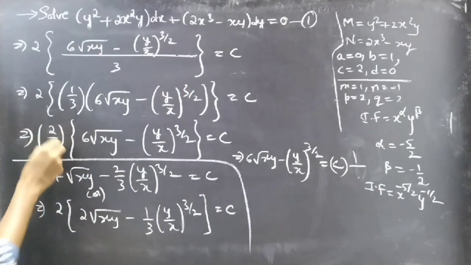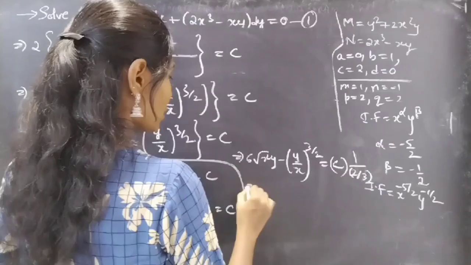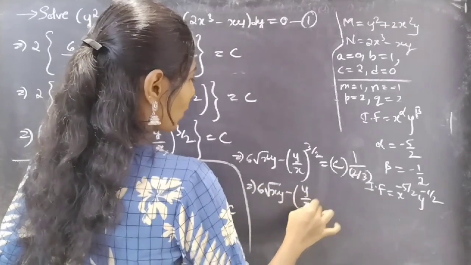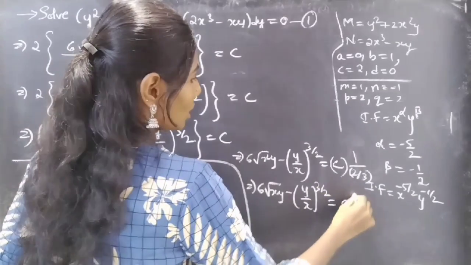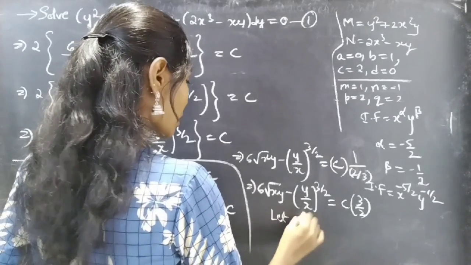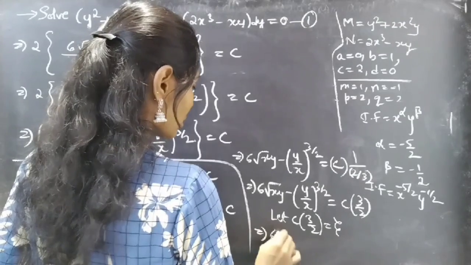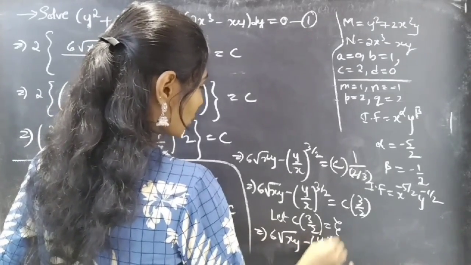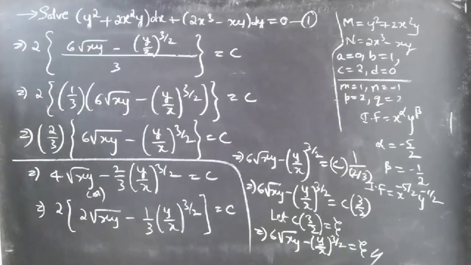Which gives us 6 into square root of xy minus y by x power 3 by 2 equal to c into 3 by 2. Let c into 3 by 2 be some c, which gives us 6 square root of xy minus y by x power 3 by 2 equal to c, which is the required solution.